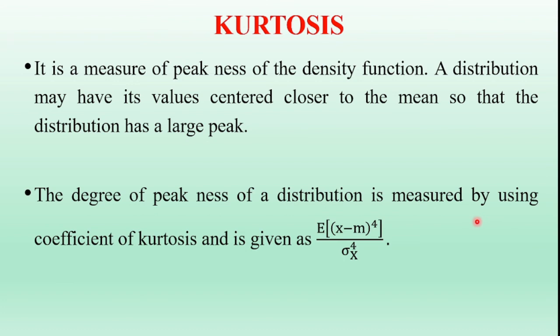The degree of peakedness of a distribution is measured by the coefficient of kurtosis, and it is given as expectation of (X minus m) whole to the power of 4 divided by sigma X power 4. Expectation of (X minus m) power 4 is the fourth central moment. This is the definition of the kurtosis. Kurtosis is a dimensionless quantity.